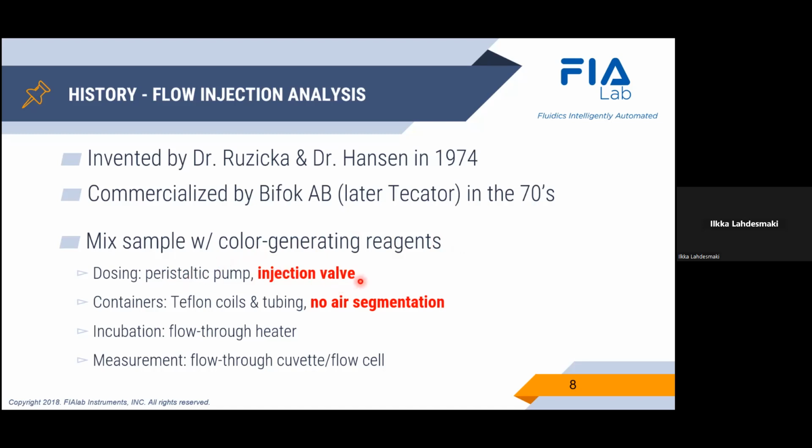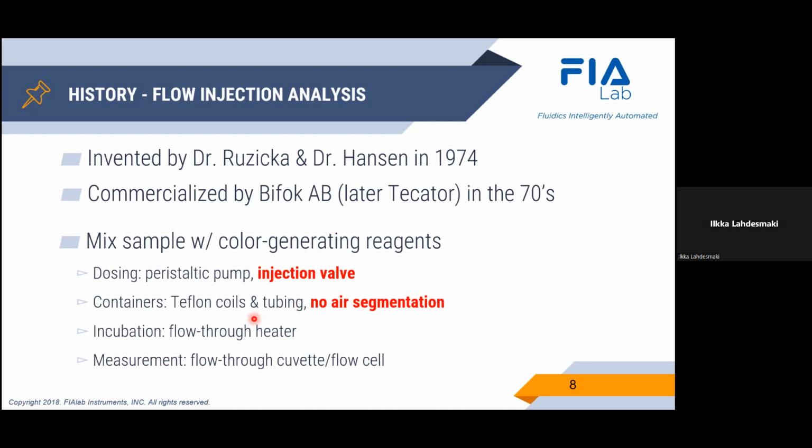But an important distinction between FIA and segmented flow is that you're not using a continuous sample stream inside the instrument. Instead, you're employing an injection valve to meter a segment of sample into the instrument. And in this sense, flow injection works in a manner that's very similar to liquid chromatography or ion chromatography.